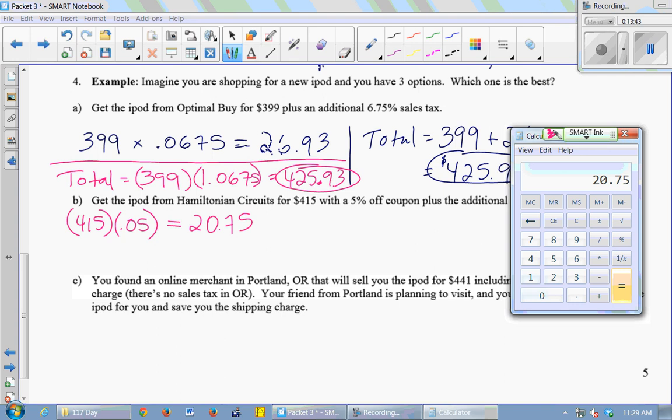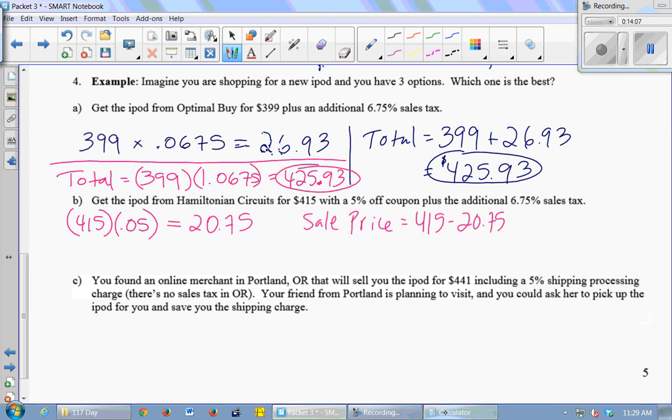You do the 415 minus the discount of 20.75, 394.25. So my new sale price is 415 minus my discount, 394.25.